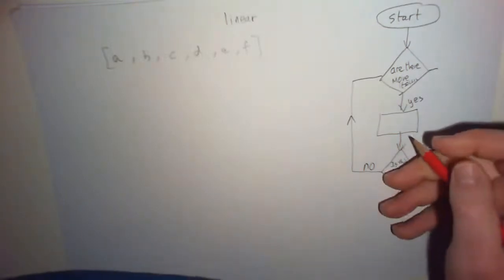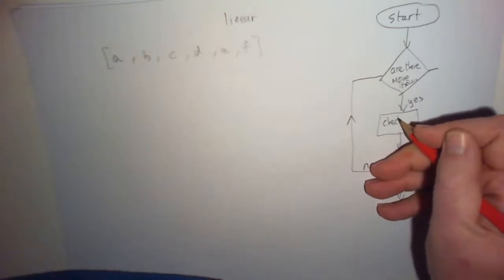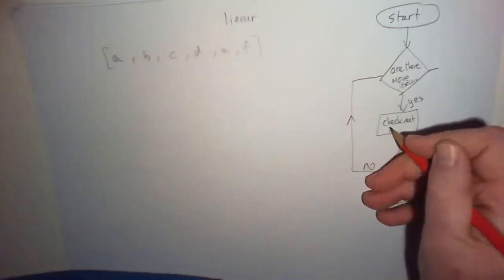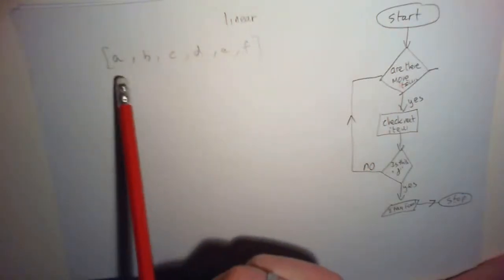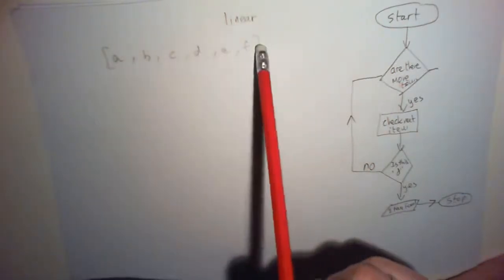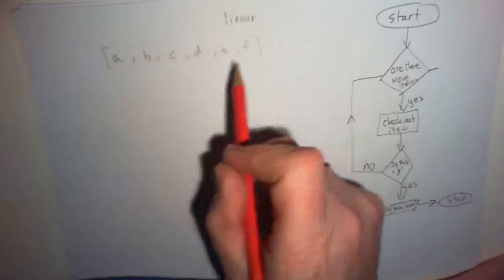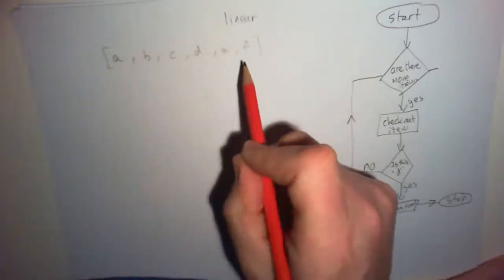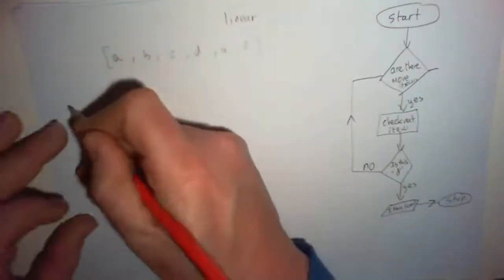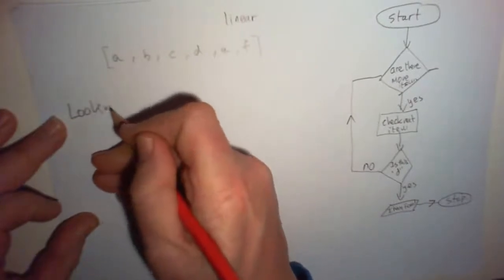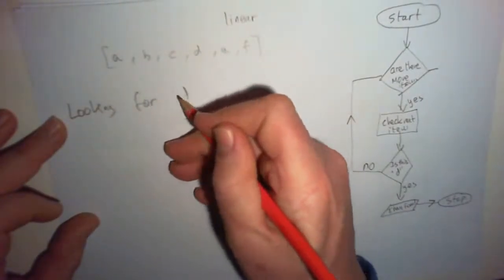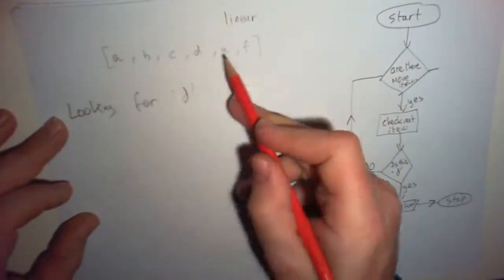Now, I think this will work. So let's think about it. Okay. I'm going to do two scenarios. One scenario where that's what's put in. I'm looking for D. So I'm going to check this one.